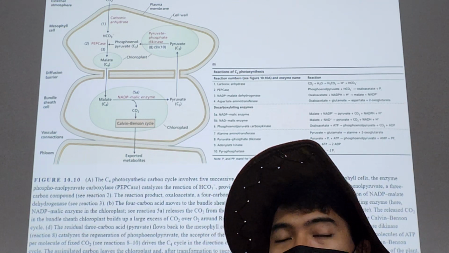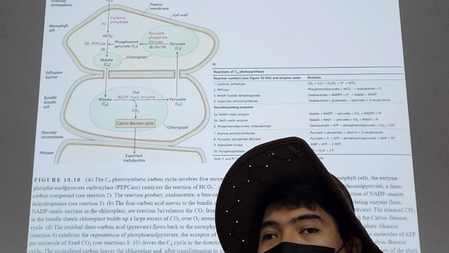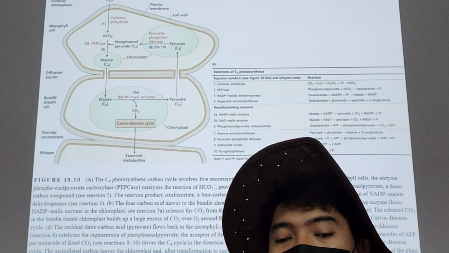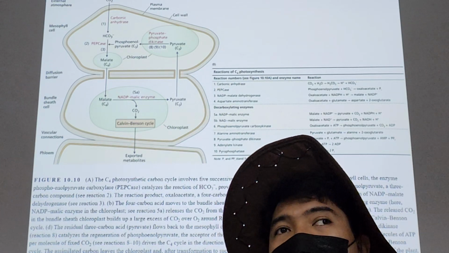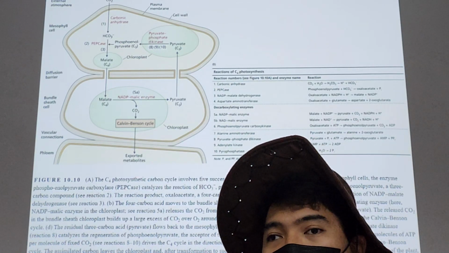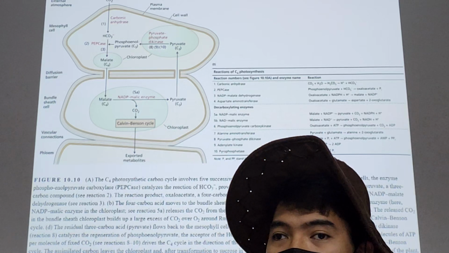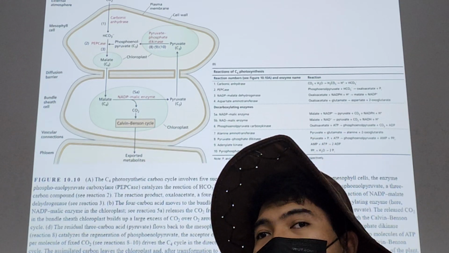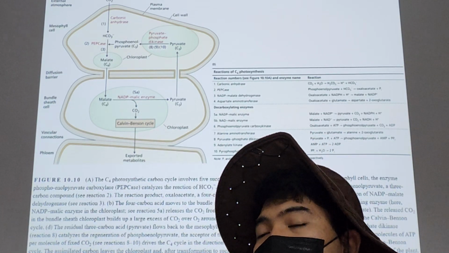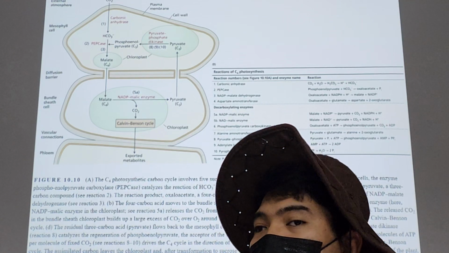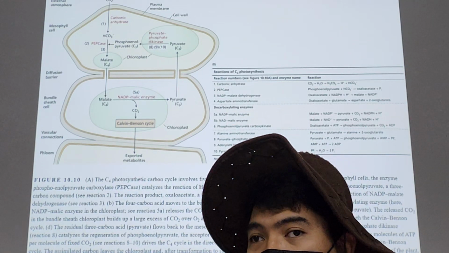So for the C4 plant, the reason it is called C4 is that the first product of the first carbon fixation event is not phosphoglycerate like you learned in the Calvin cycle.